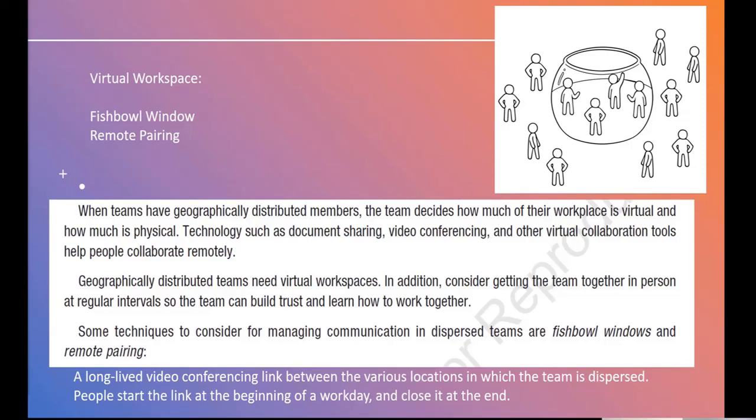Or if some people are working, they can communicate with the other developers. So they keep the live video conferencing up for their scheduled work, like 8 hours. So it's a long-lived video conference, and the other people can interact. If there is any issue, they can provide inputs like that.